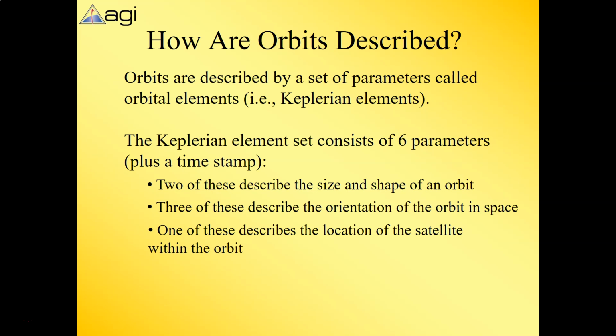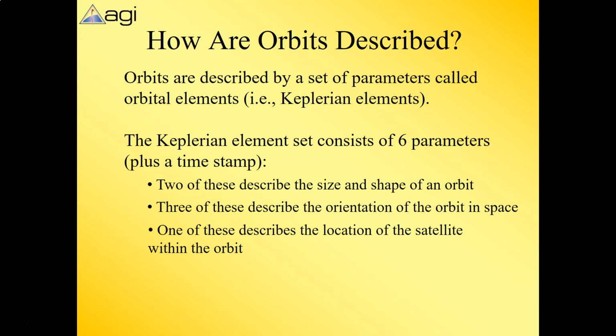Let's describe the orbits. We can do this using a set of parameters that we call orbital elements, also known as Keplerian elements. There are 6 parameters to these. That's all of our Keplerian elements that we see here, 2 of them that'll describe the size and shape of an orbit, 3 of them that'll describe the orientation of the orbit in space, and 1 that describes the location of a satellite within the orbit, plus a timestamp.